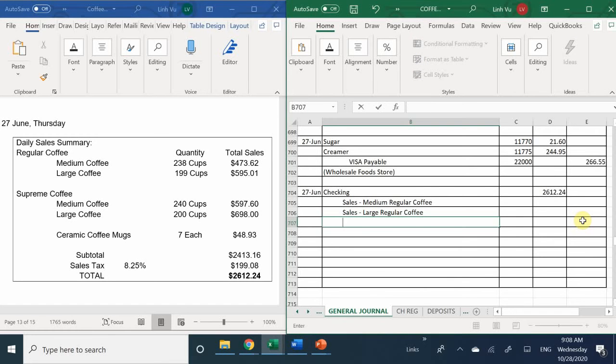And then we also have sales of medium supreme, and sales of large supreme coffee.